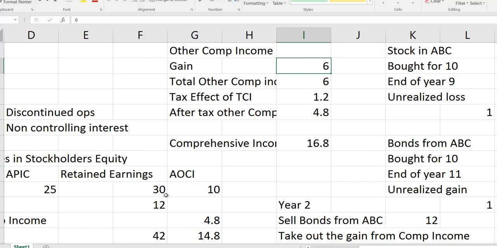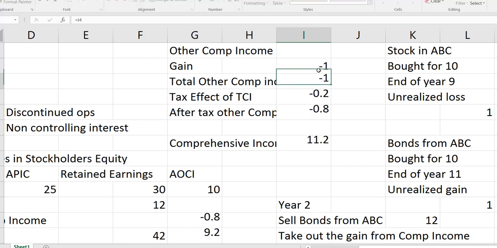That's the point. These things accumulate. So you have this gain accumulated that you need to undo, otherwise you're counting it twice. Over here in the net income, and it's still in comprehensive income. So you're going to have to take it out in year 2 of the gain.